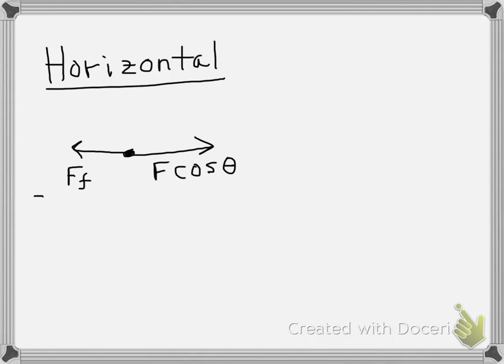Okay, remember what we found for the force of friction, 266.2 newtons. Okay, so horizontally, I may be accelerating, I may not be accelerating. Certainly, if I exceed the force of static friction and I exceed the force of kinetic friction, I will accelerate. So it is clear to me, not clear yet, but once I find out F cosine theta, we'll be able to figure out whether we have a net force here.